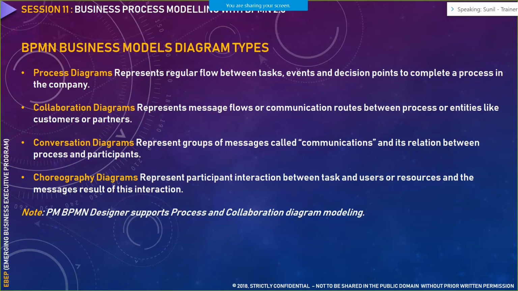For example, in a leave management system, users would be the employee and the manager. What would be the tasks between them? Applying for a particular leave, approving or rejecting a particular leave. Similarly, every system would have an associated number of users and tasks that are configured in your BPMN.